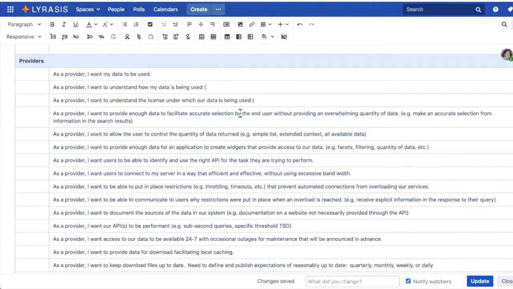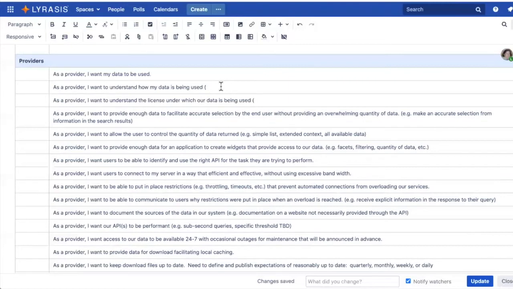I was thinking of this in terms of what kinds of things people want to do with the data. Do they want to filter it? Do they want to use facets? Because that might change how you want to present your data. If you feel like your data isn't being used as much as you would like, it might be because it's not being given to the user in a way that's useful to them.